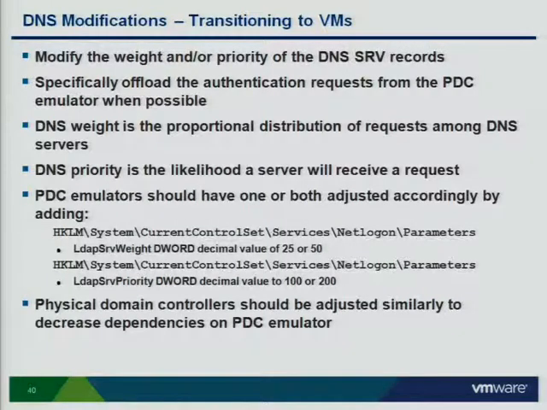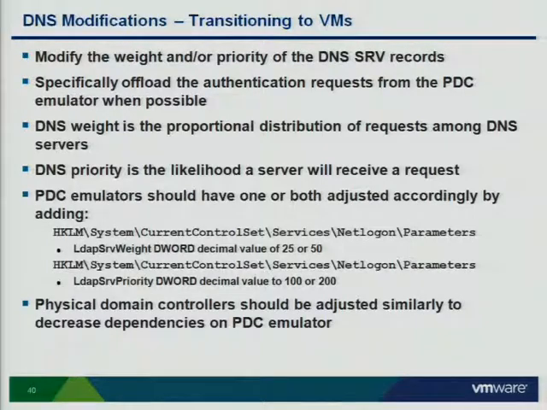What we're trying to do here is get them away from the old boxes onto the new, and also, more specifically, avoid the PDC emulator receiving as many potential logon requests. The reason for that is that the PDC emulator, as I said, is not only the gatekeeper, he's a busy little beaver doing other things out there. So if you've got enough DCs in your world, this is a box where you might want to limit the number of logon requests that go to it.